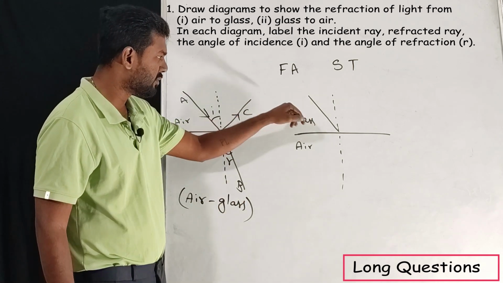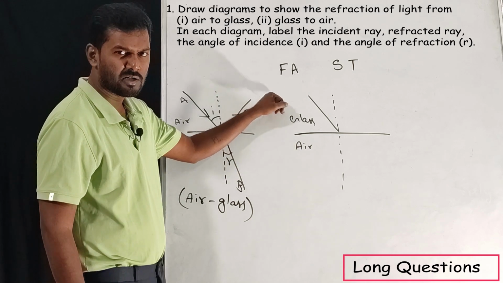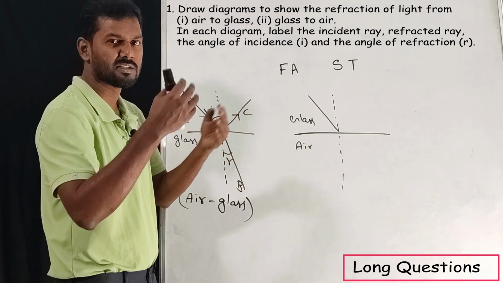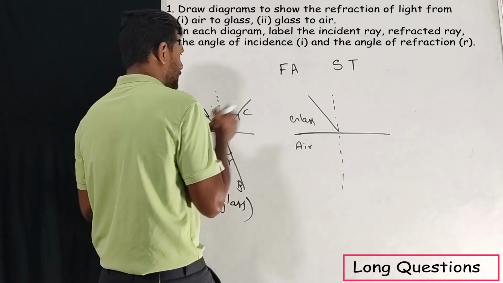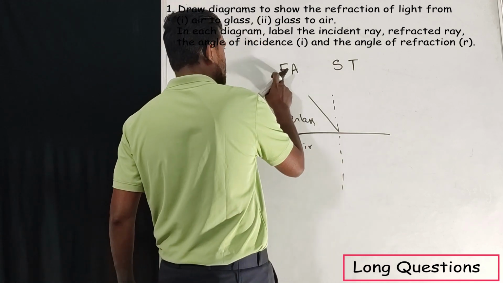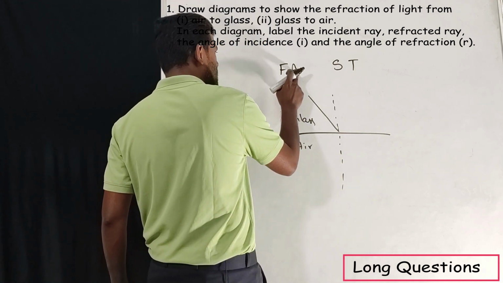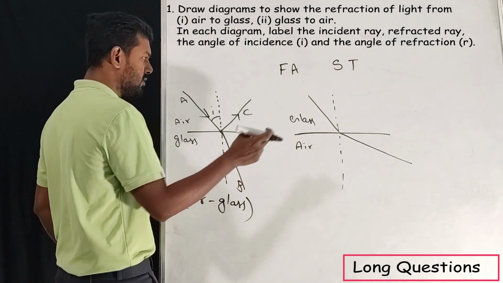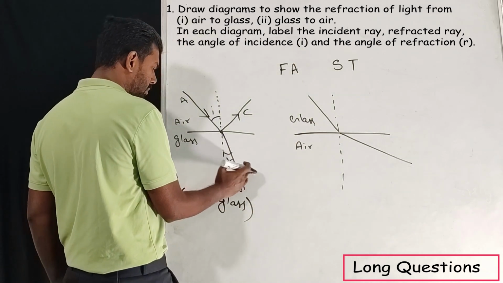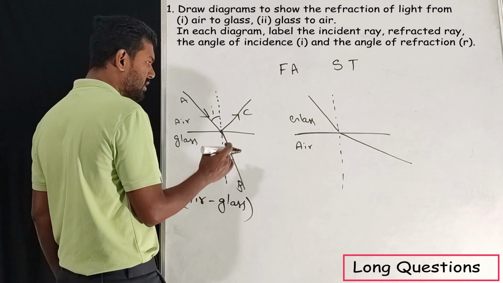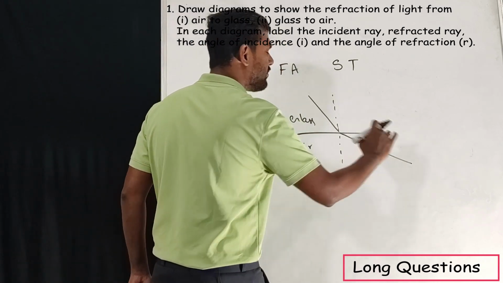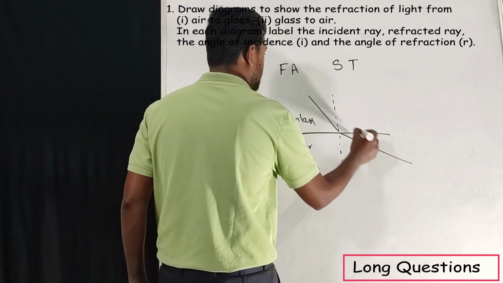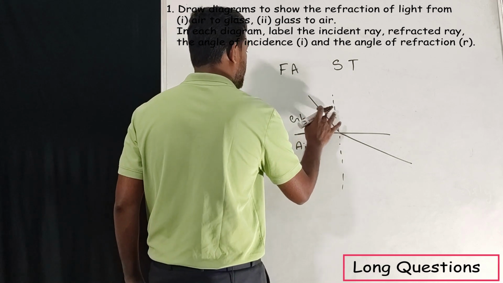When light travels from denser to rarer, the speed increases. So if the speed increases, if it is fast, what happens? It moves away from the normal. See the difference between these two. This one is moving towards the normal, and this is moving away from the normal.